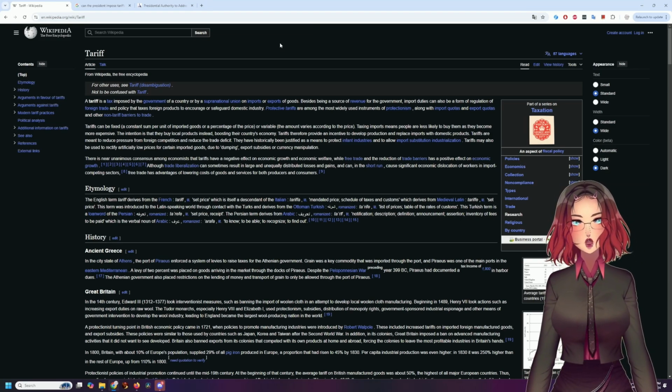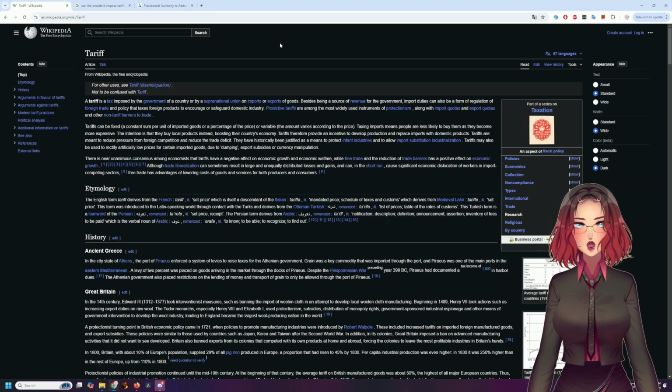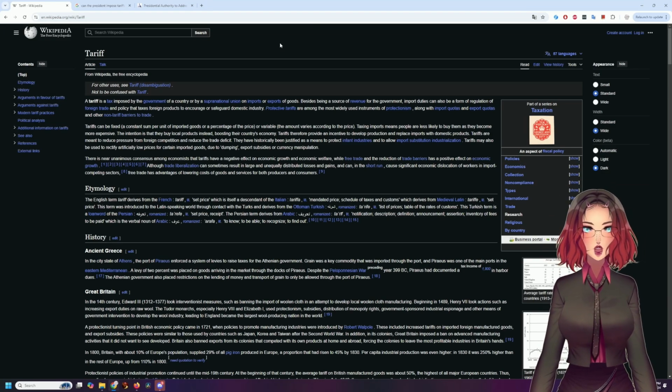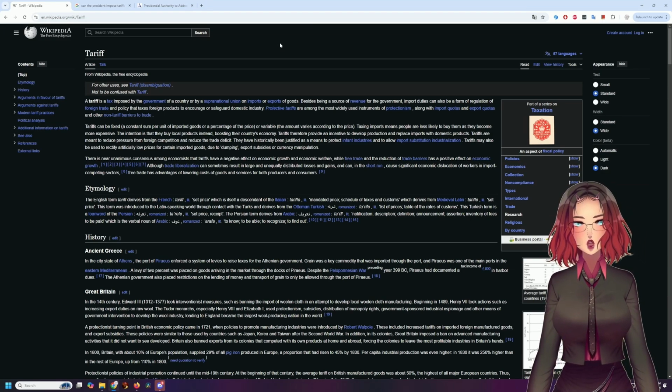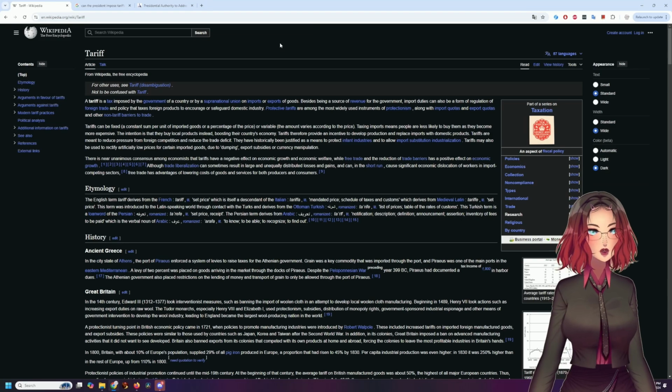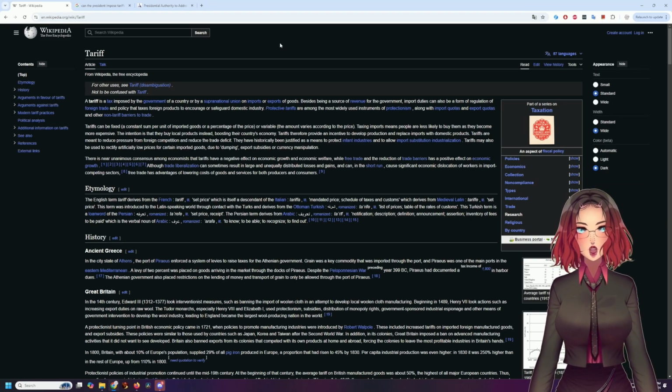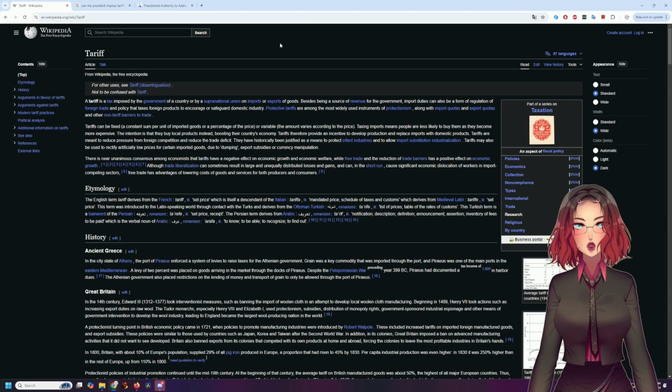So, here are some classic examples from the US. That's probably the best place to start. We put tariffs on foreign cars. Because of this, a lot of car manufacturers started to build assembly plants, either in the US or in our trade partners who do not get hit with the tariffs, which, by the way, is Canada and Mexico.